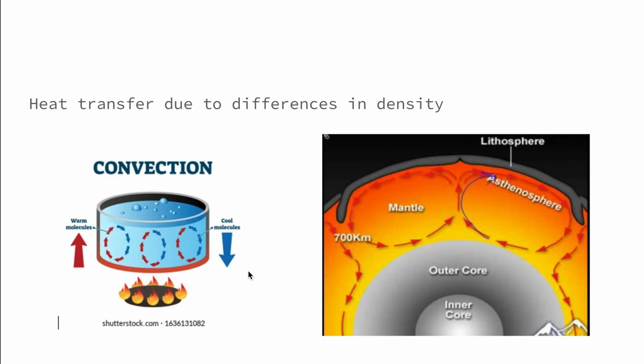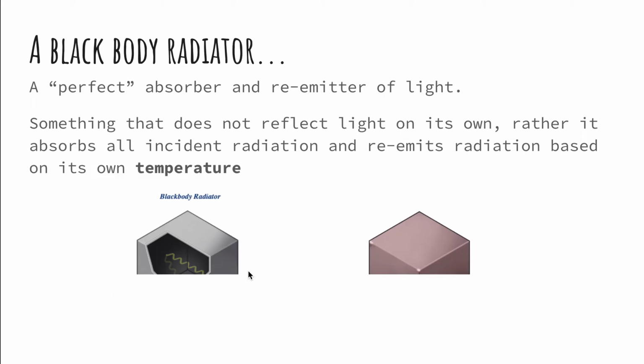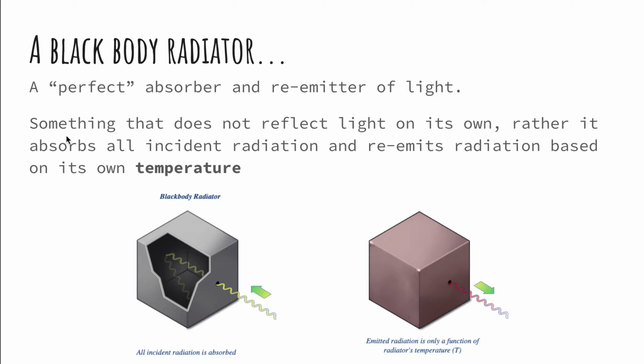The last way that this happens is radiation. And I want to talk a bit about what a black body radiator is. These are solid objects, or objects that light shines on. It doesn't matter what type of light. But a black body radiator is something that perfectly absorbs all incident light and then re-emits that light based on the temperature that it is at.